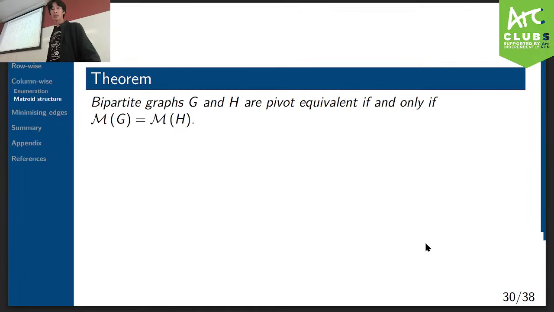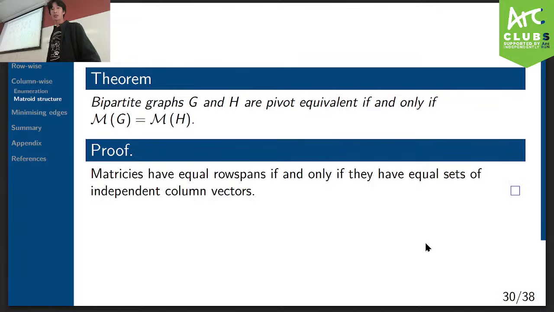Okay, we can see that this is true because we have the previous theorem where graphs are pivot equivalent if and only if their row spans are equal. And if row spans are equal, that means we can perform elementary row operations to get from one graphic presentation to another one. By performing elementary row operations, you preserve the independence of columns.